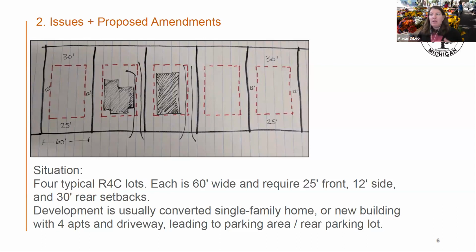We typically see on a block such as this, it's either a converted single-family home on the site, meaning it was originally a single-family home and now it may have a couple of apartments within it, or it's a new building with 4 apartments inside that single, like a 4-plex, and it probably has a driveway leading to a small parking area or a full parking lot in the rear.